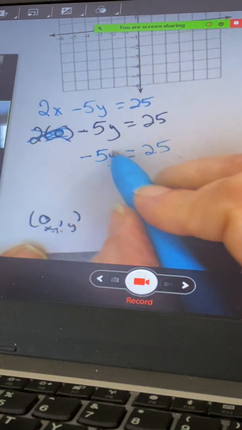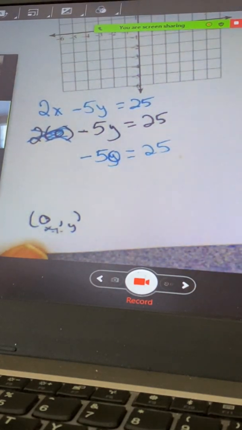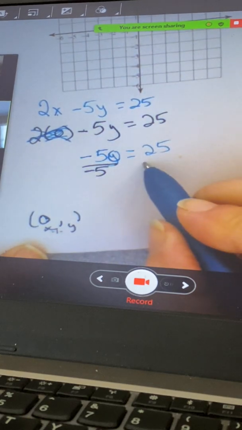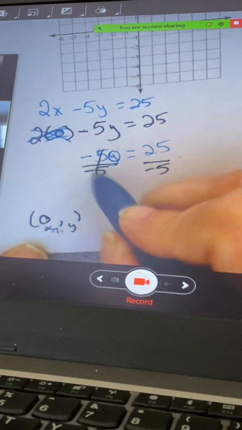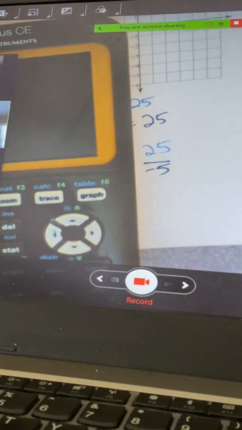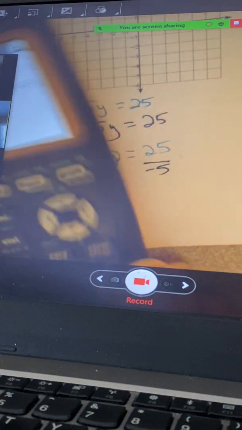How do I solve for y? I'm going to divide by the number that's right there with it. So I'm going to divide by negative 5 to both sides. Again, if you struggle with that type of math, very simple. Pull out your calculator, no big deal. It is 25 divided by negative 5.